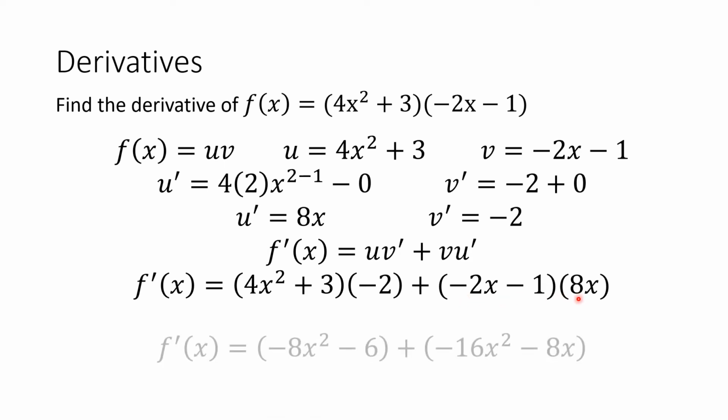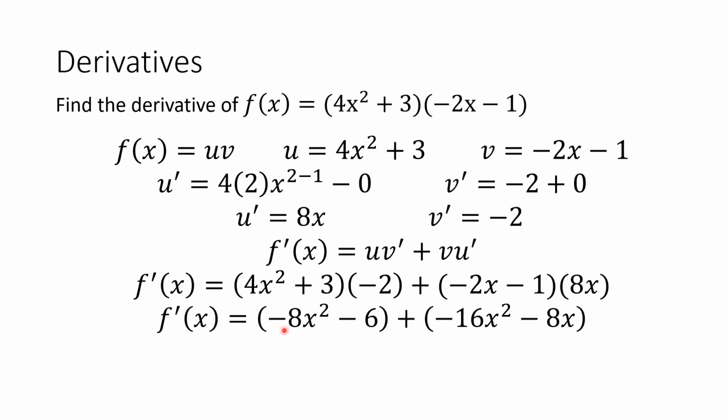So we will have quantity negative 8x squared minus 6 plus the quantity negative 16x squared minus 8x. So simplifying this, we have to combine like terms. And then we will arrive at the final answer, f prime of x is equal to negative 24x squared minus 8x minus 6.